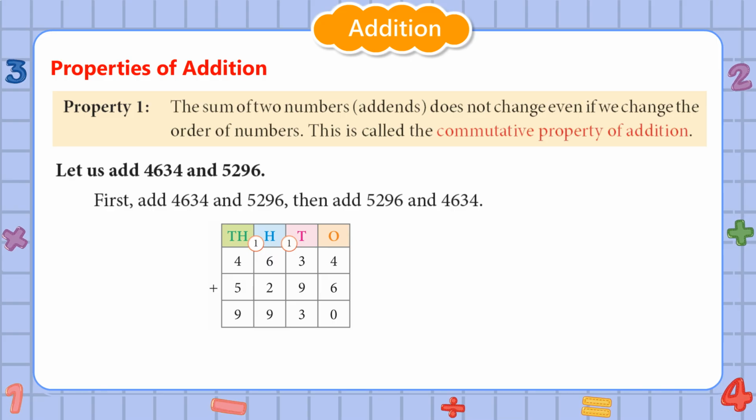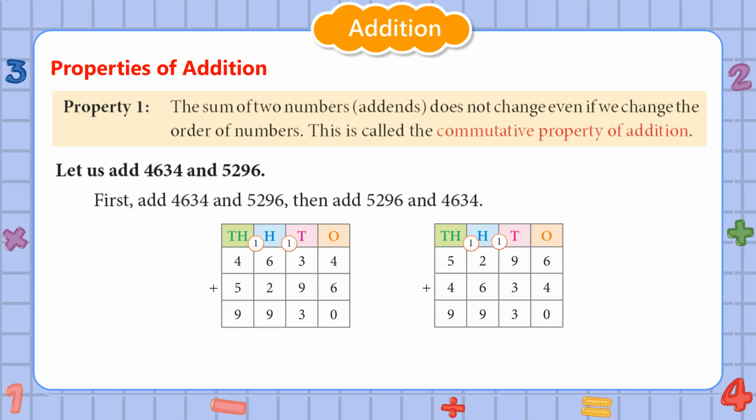4,634 plus 5,296 is 9,930. Now, 5,296 plus 4,634 is 9,930.